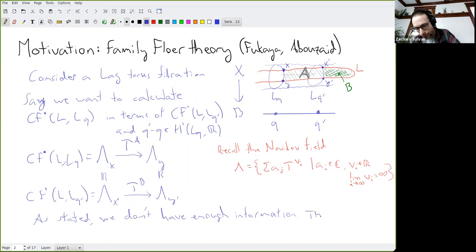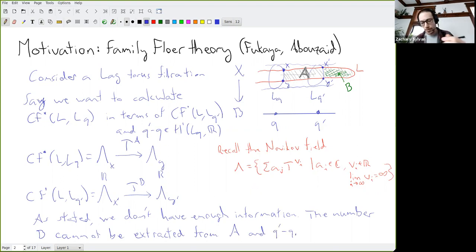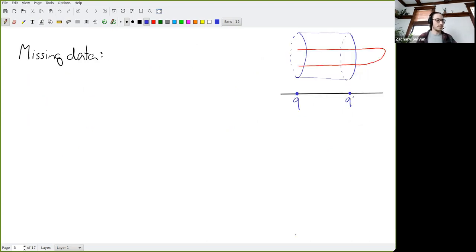Well, the number B cannot be extracted from the number A and this cohomology class q prime minus q. Right? B is just some essentially arbitrary number, and if we want to recover it, we need to keep track of something else. So what's the missing data?